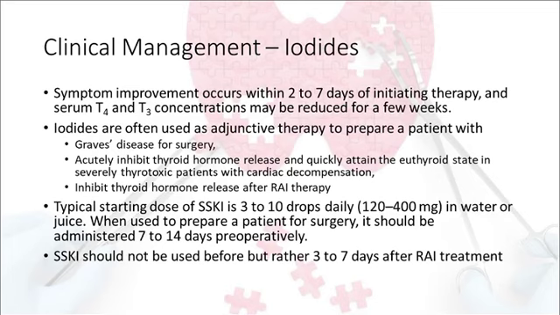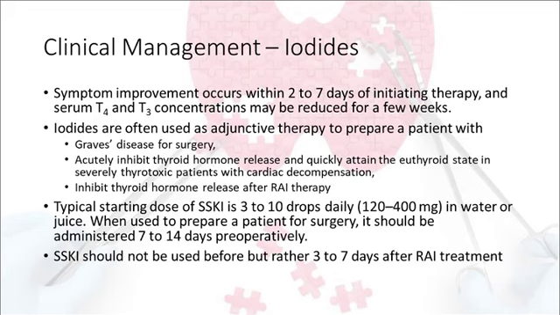In terms of the iodides themselves, they of course produce symptomatic improvement, and that occurs within 2 to 7 days after initiating therapy, and T3 and T4 concentrations are usually reduced within a few weeks.